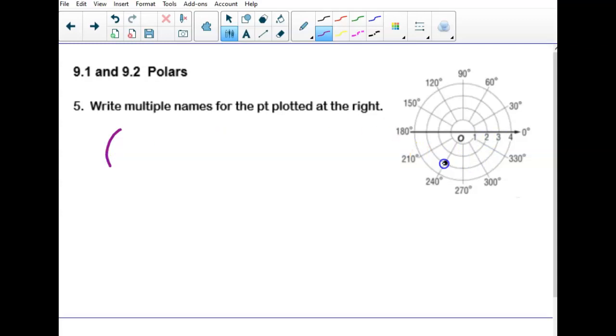It looks like it's on circle 3, right? And it's at 240. What's another name? Okay, so if we went only around to 60 and we're told to back up 3, that would be -3 and +60.